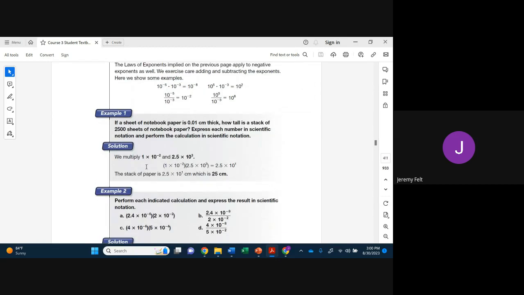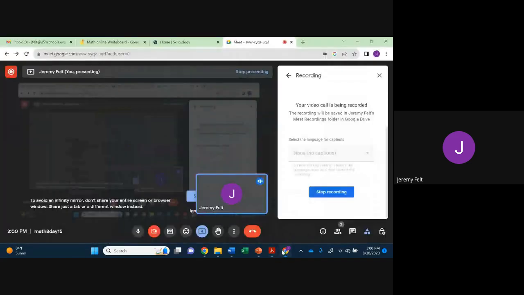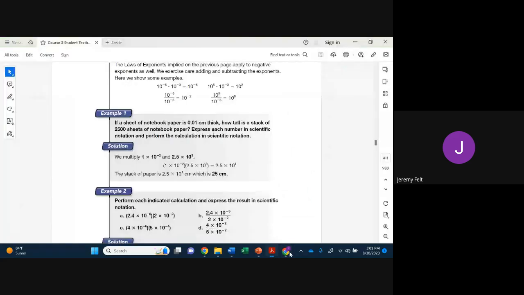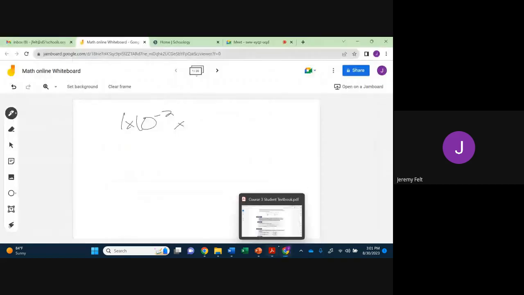Now we can have situations where we're multiplying two numbers in scientific notation, like 1 times 10 to the power of negative 2 times 2.5 times 10 to the power of 3.